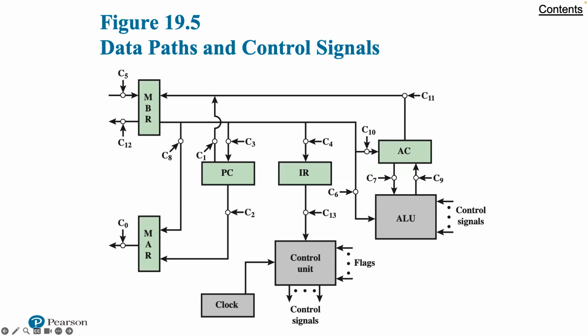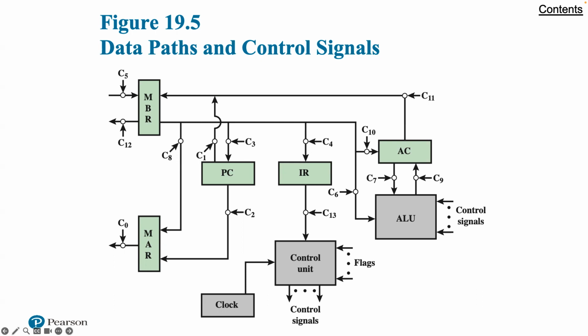The control paths for signals emanating from the control unit are not shown, but the terminations of control signals are labeled C0 all the way up to C12. The control unit receives inputs from the clock, the IR, and the flags. With each clock cycle, the control unit reads all of the inputs and emits a set of control signals.